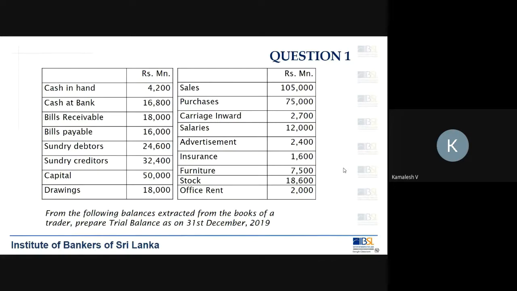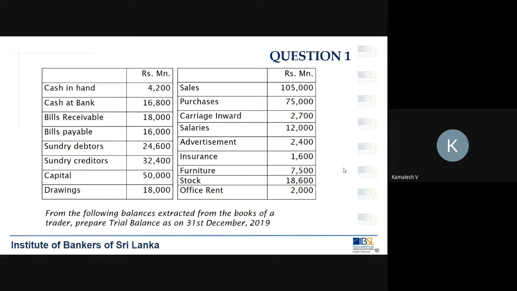The first thing that you do is go through these accounts and identify each of these accounts, which category they fall into, whether it is an asset, liability, equity, income, or expense.